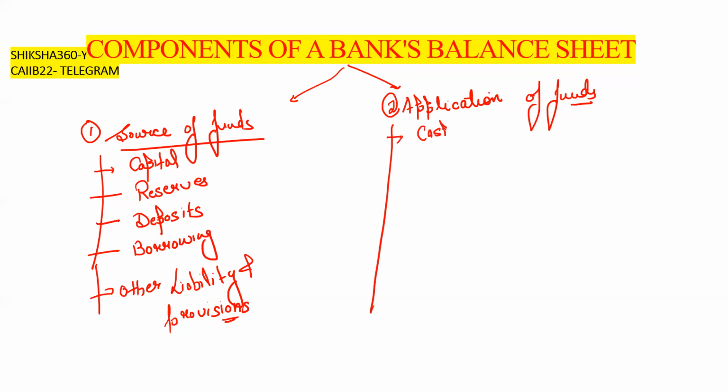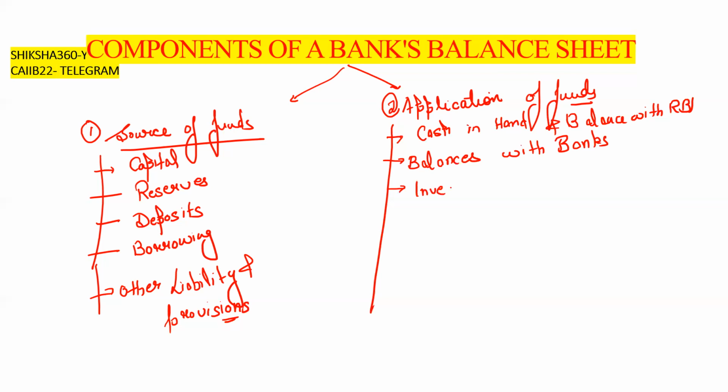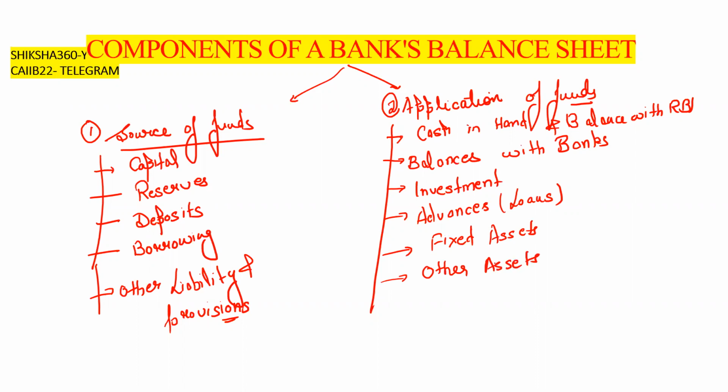Application of funds: first, cash in hand and balance with RBI, second one is balances with the banks, third one is investments, fourth one is advances, which we also consider as loans, fifth one is fixed assets, sixth one is other assets. So all these are the application of funds.